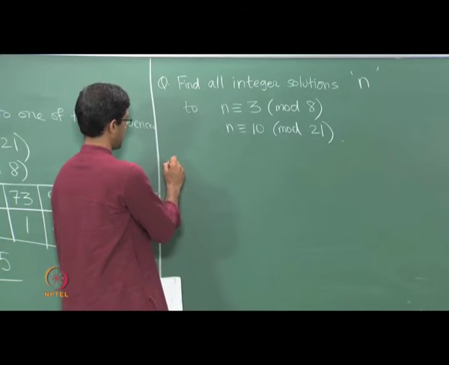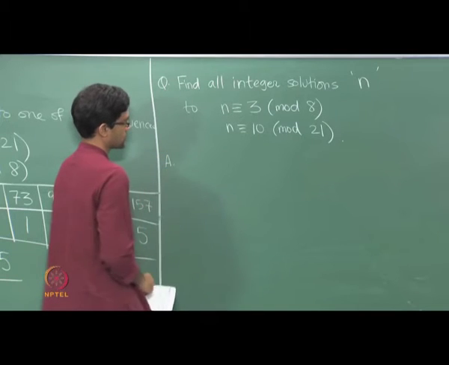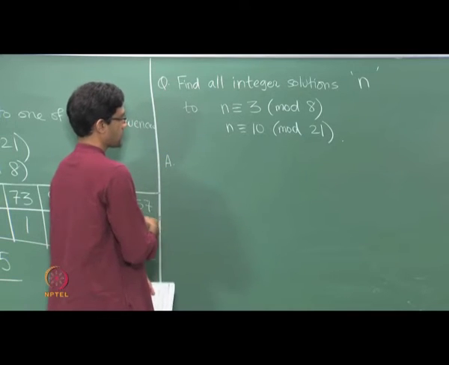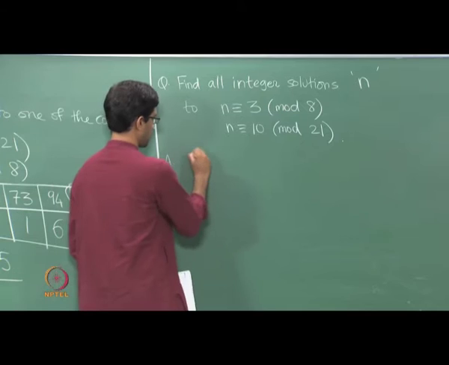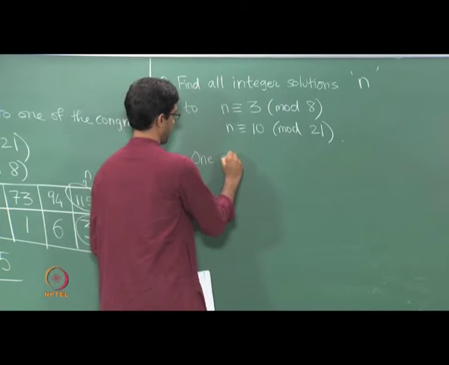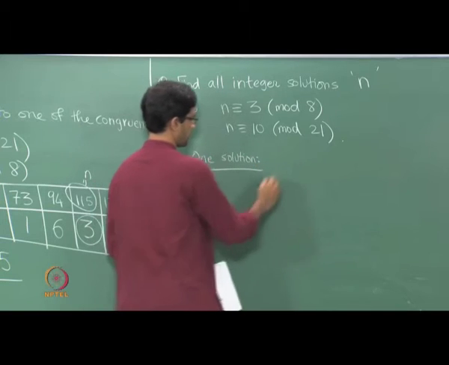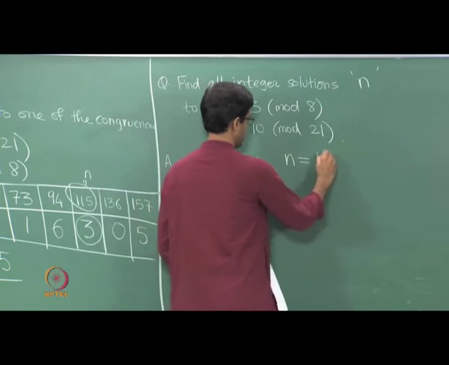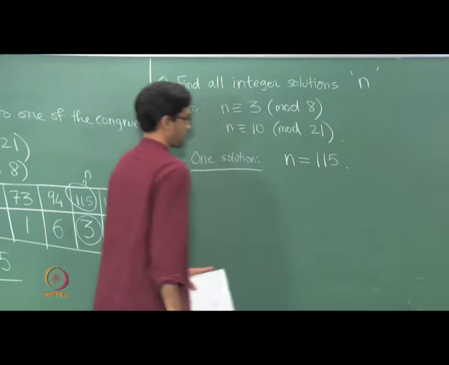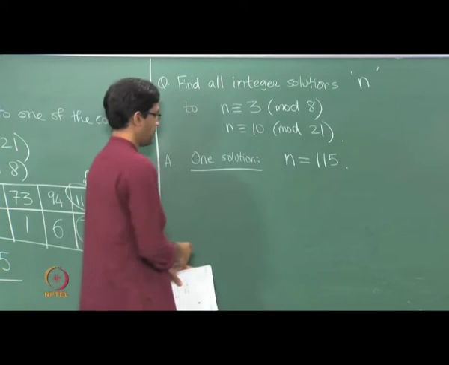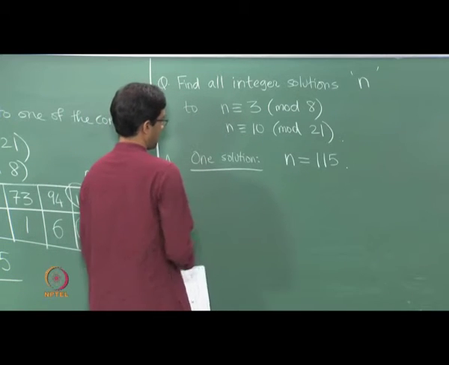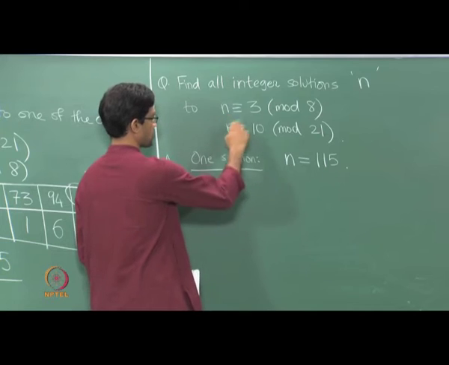So here's the key observation, and here's the answer to this question. Suppose I have another solution. I know one solution now, which has been found by our trial and error procedure to be 115. Now here's the key point. Suppose I have two solutions to these congruences.